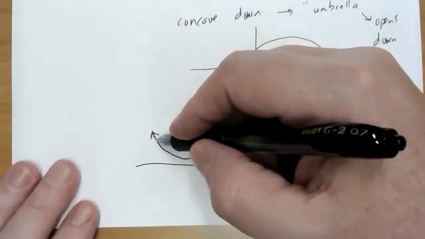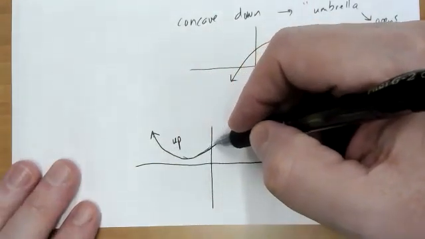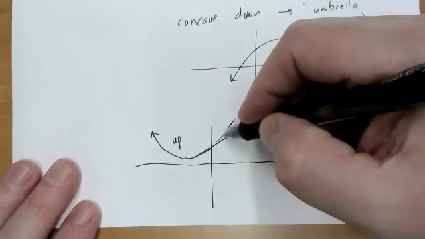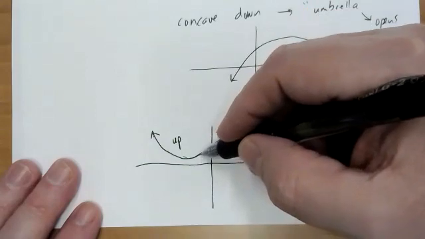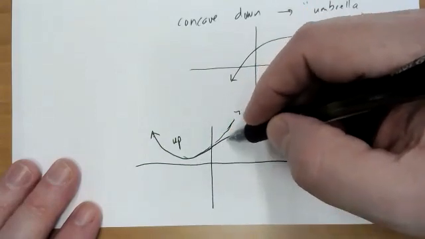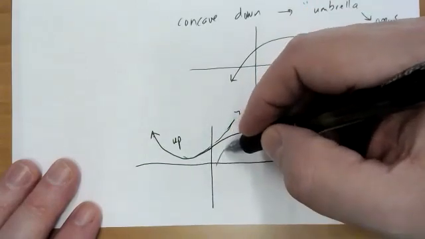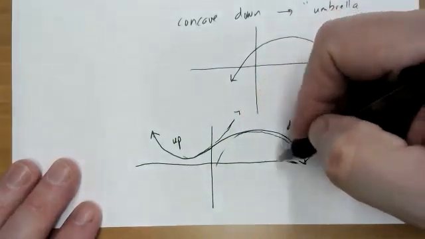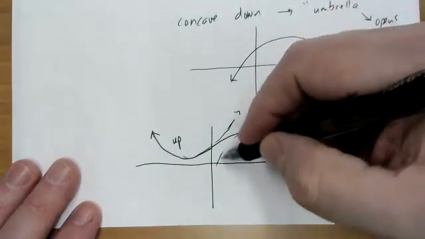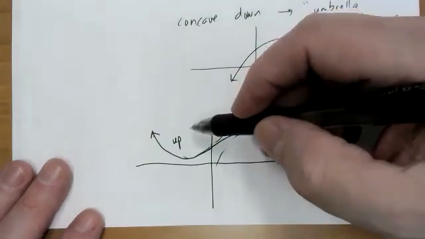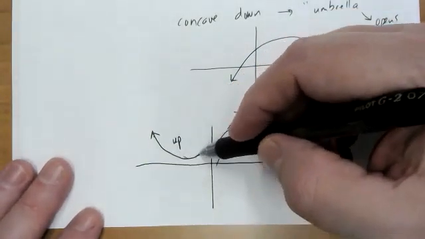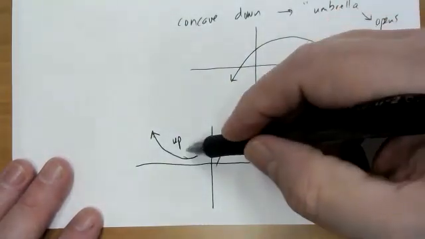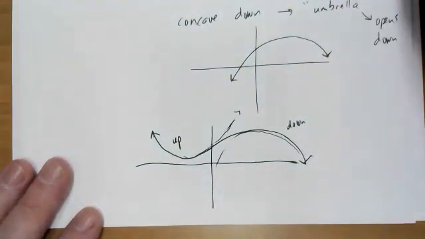You can imagine this is almost like a bowl. But if it was a bowl, it would keep going like this. But what does this do? Instead of continuing to be concave up, all of a sudden it turns around and it's like an umbrella. So what happened? The concavity between here and here changed from concave up to concave down.